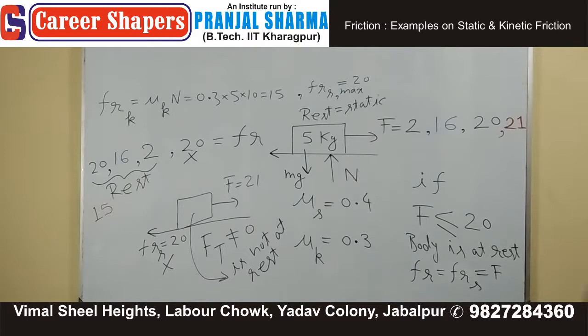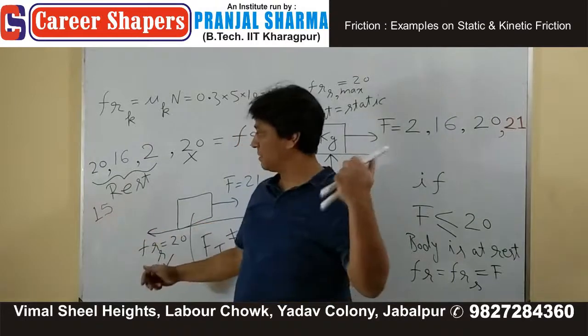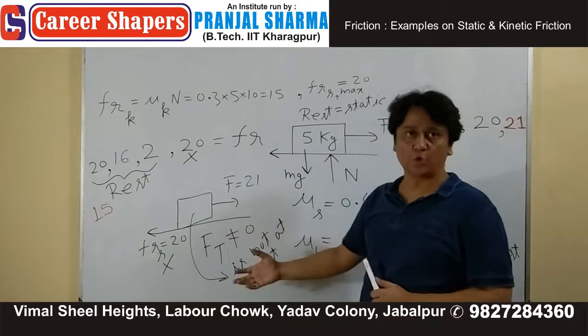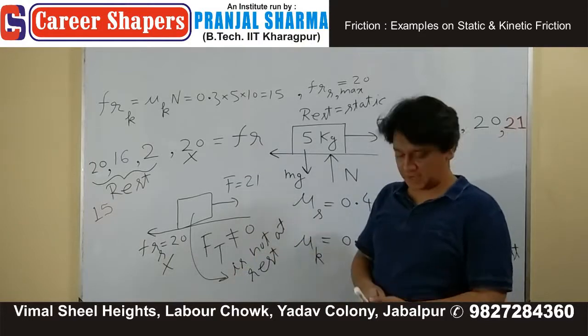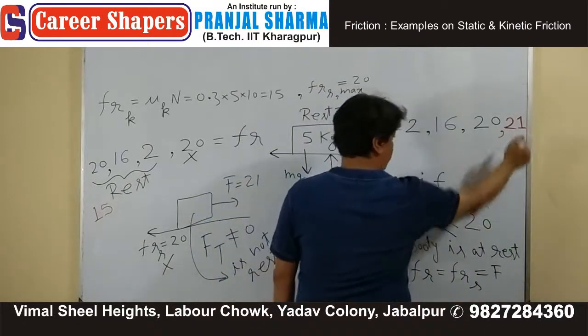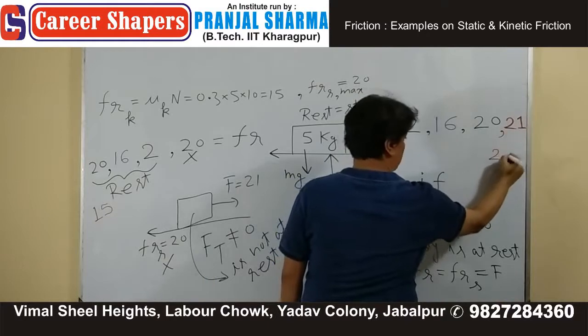Good. The moment your force becomes 21, exceeds the maximum static force, body starts moving, and force of friction is now 15. Now tell me this. इस 21 को हमने इंक्रीज किया और अभी ये 21 इंक्रीज होकर हो गया 28.